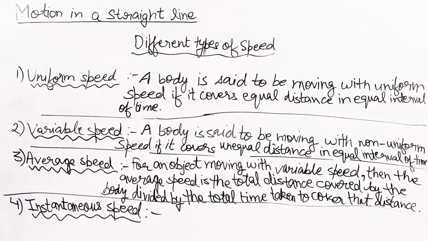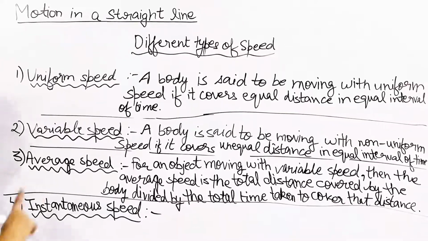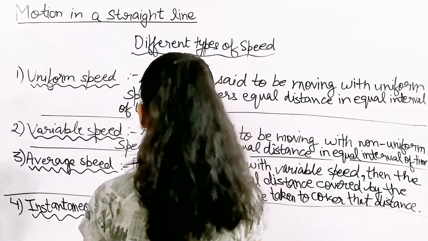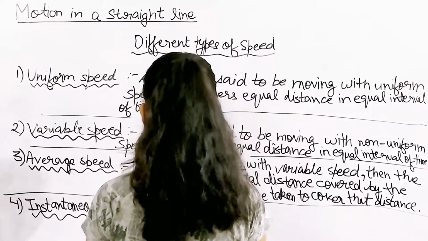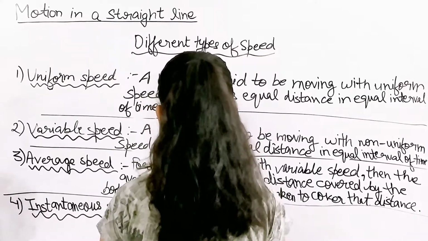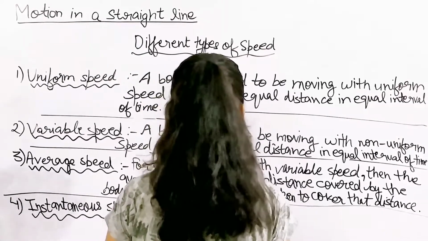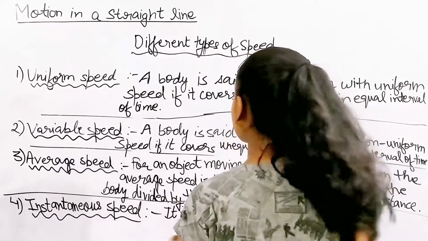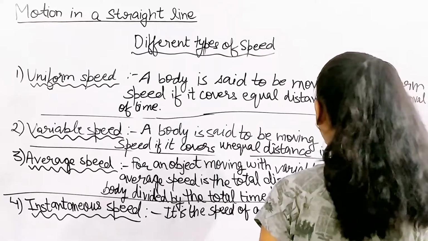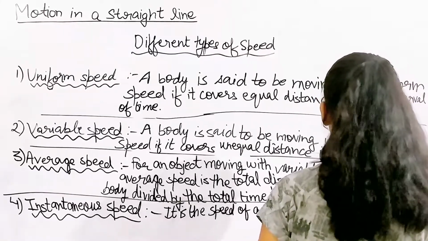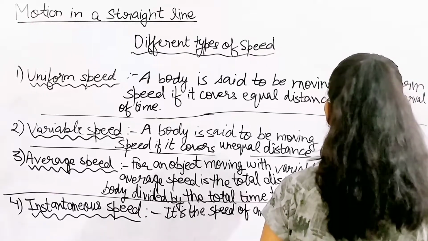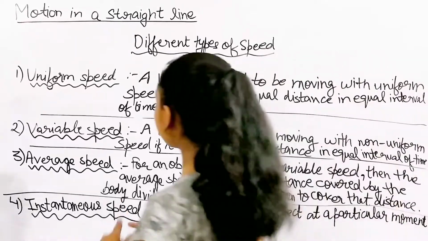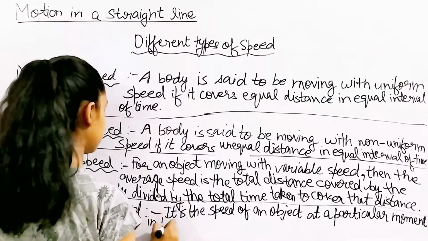So I can just write in short that it is the speed of an object at a particular moment in time.